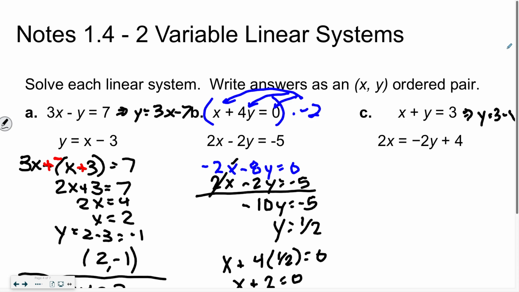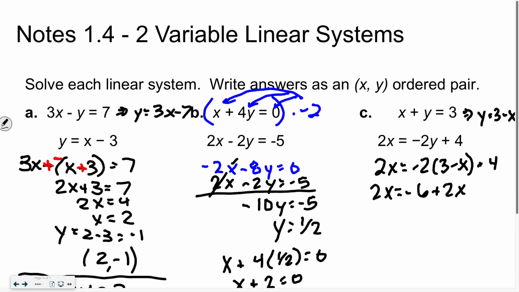And then substitute that in. 2x equals negative 2 times 3 minus x plus 4. That's 2x equals negative 6 plus 2x plus 4. If you move the 2x, they cancel out. You get something like 0 equals, you have negative 6 plus 4, that's negative 2.